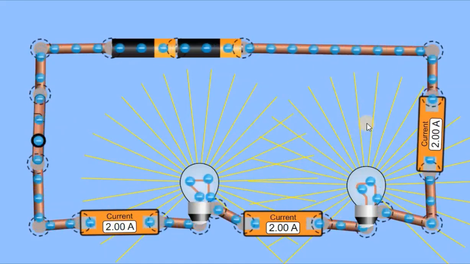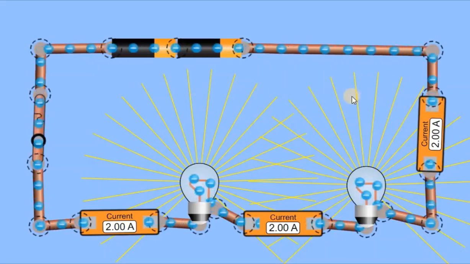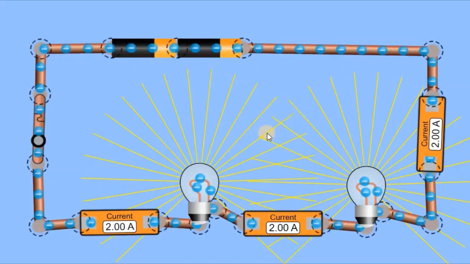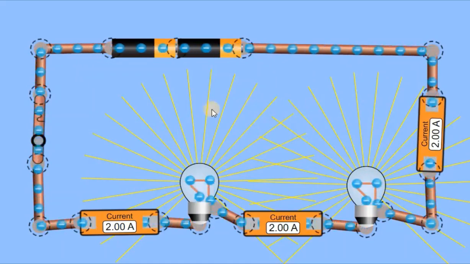This ammeter reading is also 2 ampere. That ammeter, it's also 2 ampere. So at all the different positions in the series circuit, the ammeter reading will be the same irrespective of the number of cells. You can increase the number of cells, but the ammeter reading will still be the same everywhere.